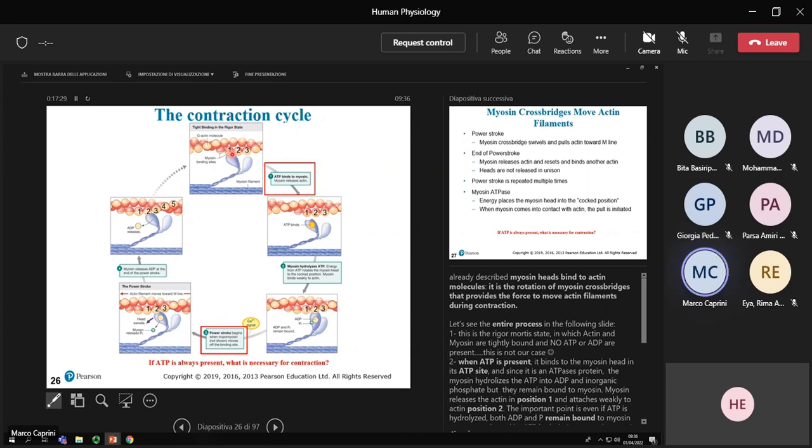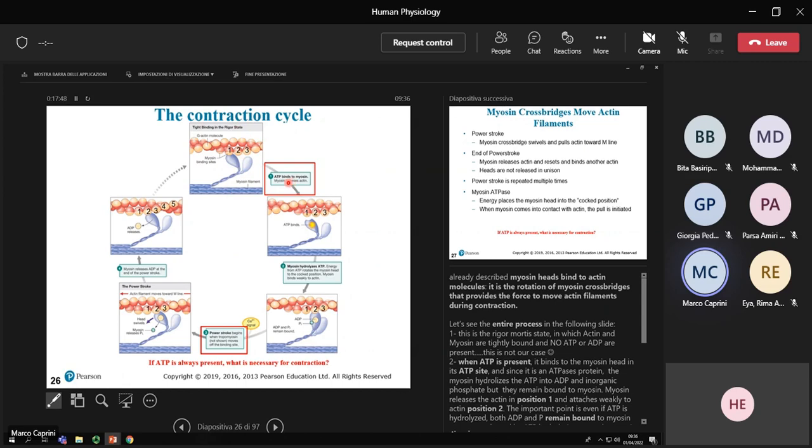This is the rigor mortis state, in which actin and myosin are tightly bound and no ATP is present. Again, this is not our case.